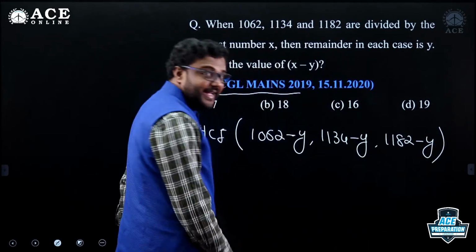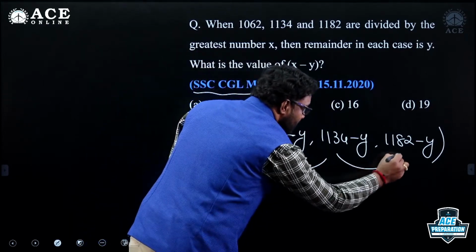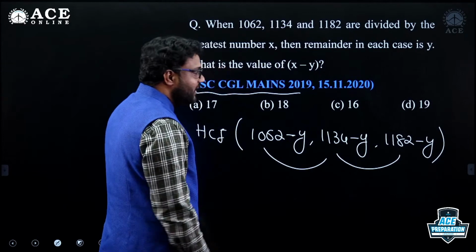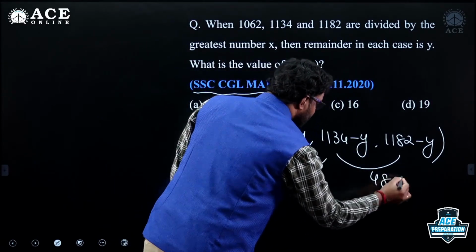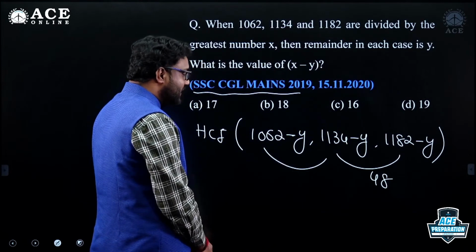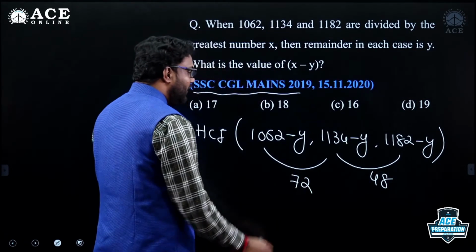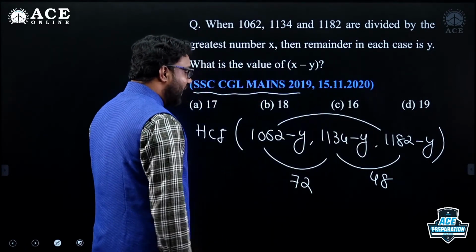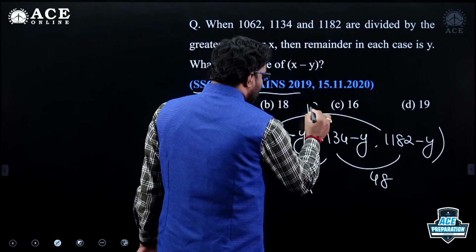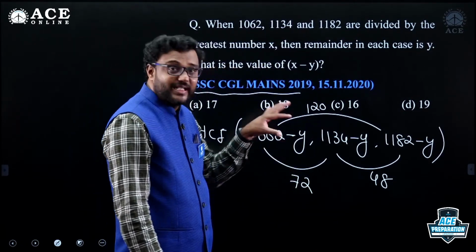Now, how to find the x value? By the differences. Check how much the difference is here: 48, right? Here the difference is 72. If you go from here to here, it's 120. Which is the highest number?